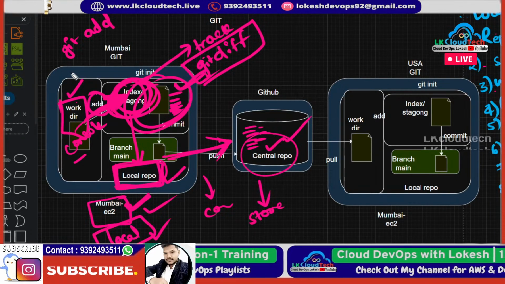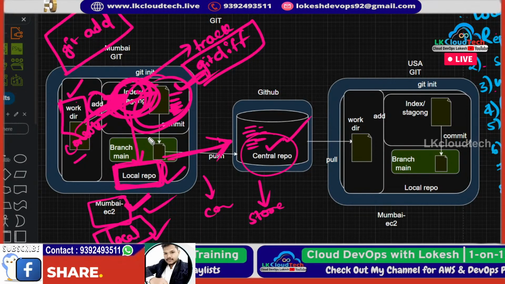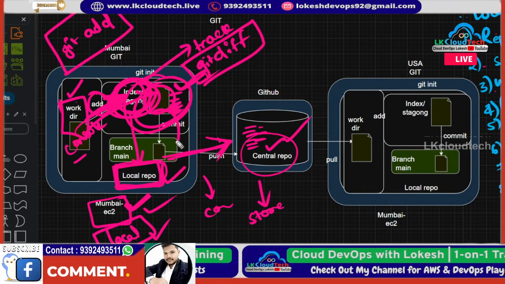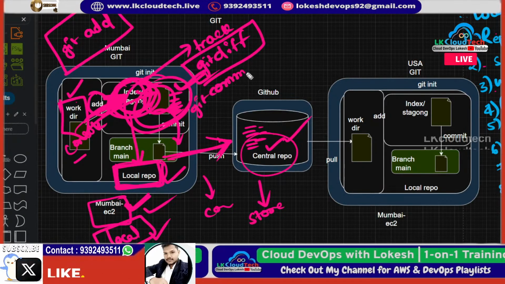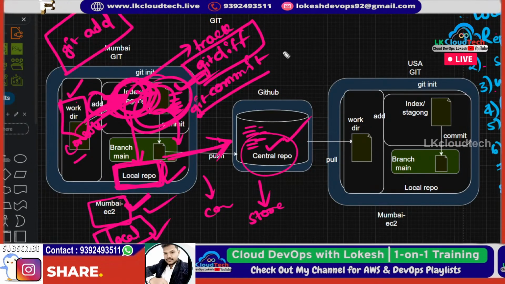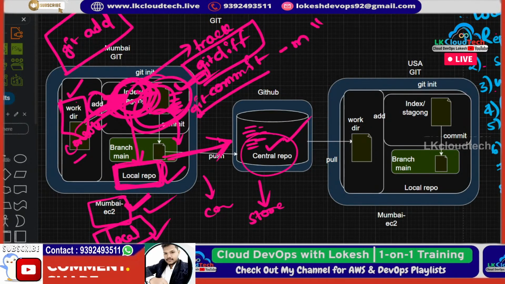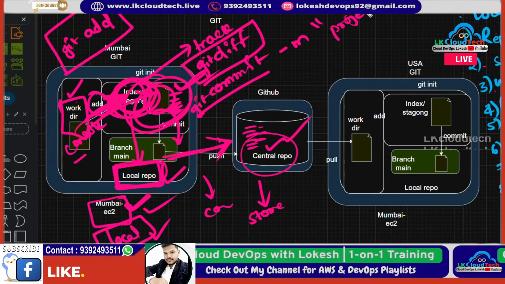If you use this command, it will move to the staging area. After that, you need to use git commit with hyphen m, and a message like the project code.